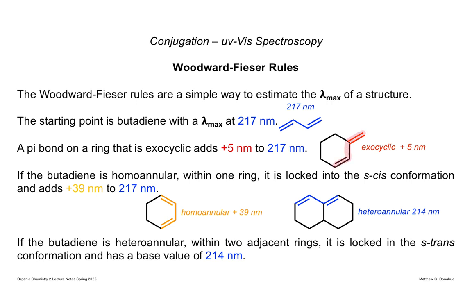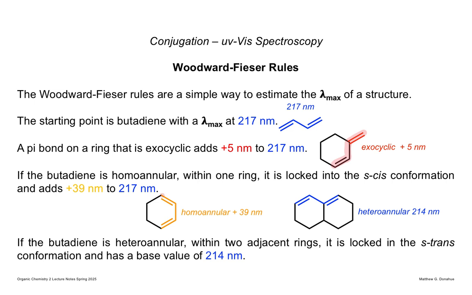So here's our starting base structure, that diene. If the diene happens to be outside of a ring, that's going to add plus 5. So you're sort of looking for that substructure in whatever molecule you're considering.